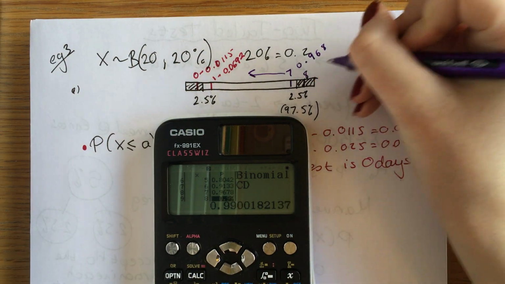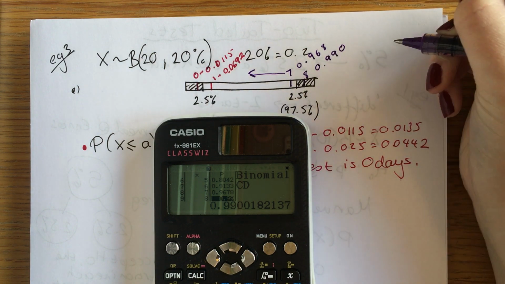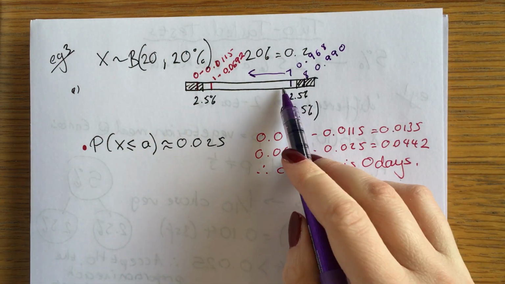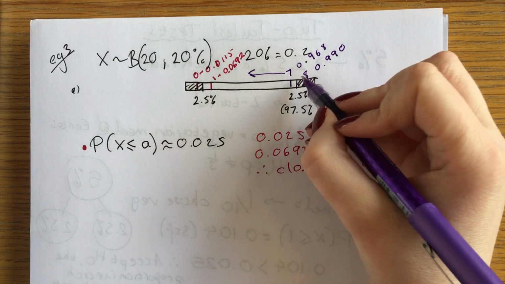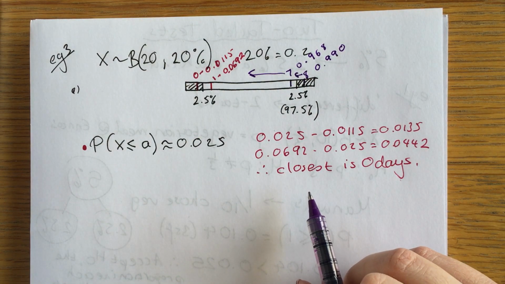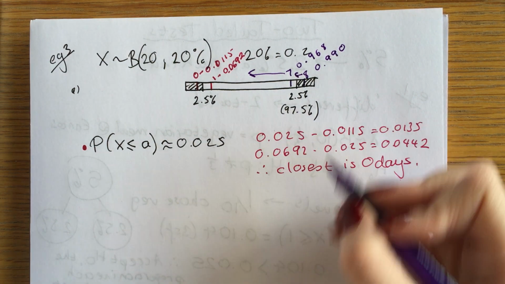And then 8 days or less has a probability of 0.990 to 3 significant figures. So they're the ones either side, either 7 or less or 8 or less. So I want the one that is closest to 97.5%.